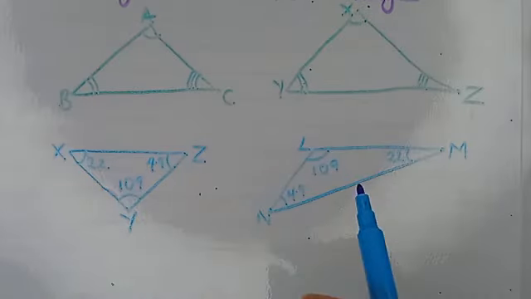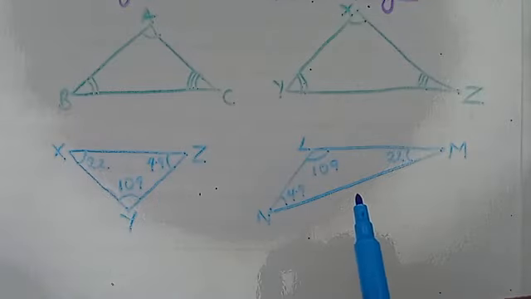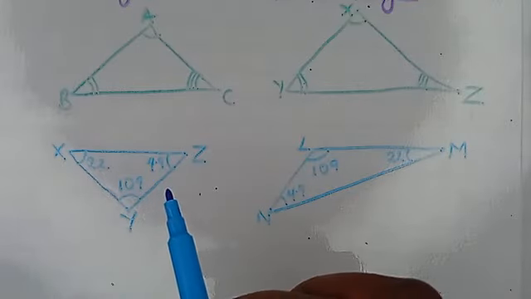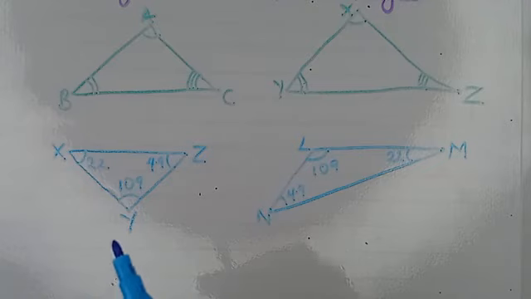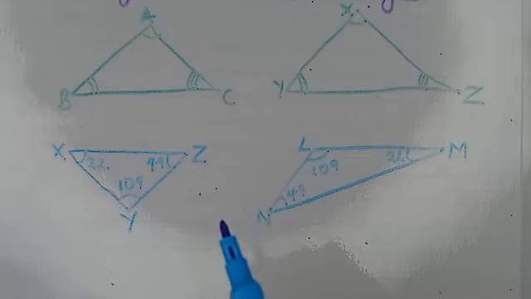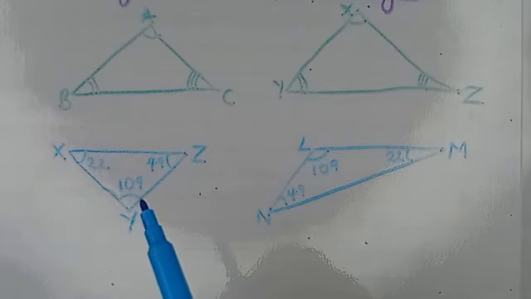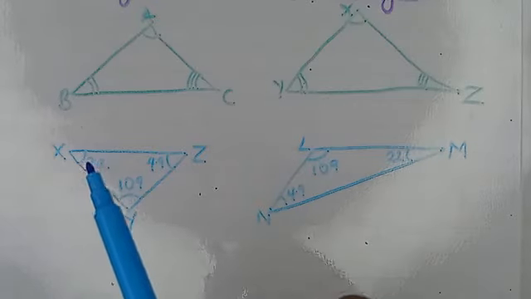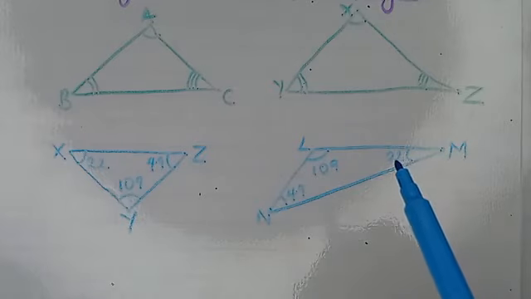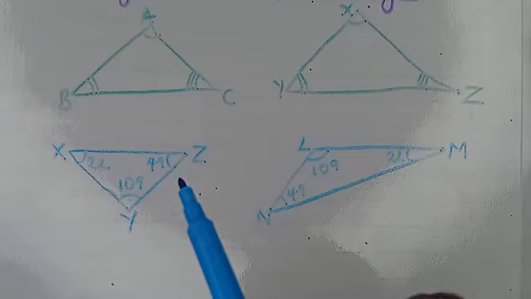Now we can see we have these two triangles. This one is quite bigger than this one. Then let's look at their angles. Remember we said similar triangles are equiangular triangles. We can see 109, we can see 109. We can see 22, we can see angle 22, and therefore 49, 49.